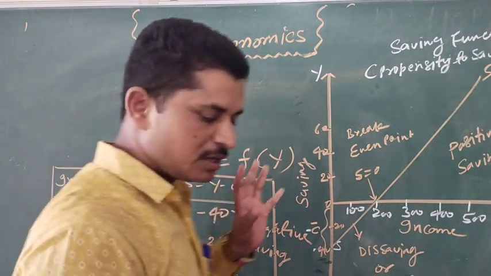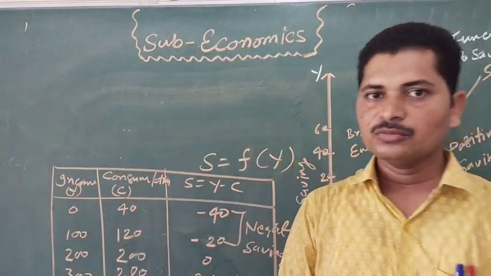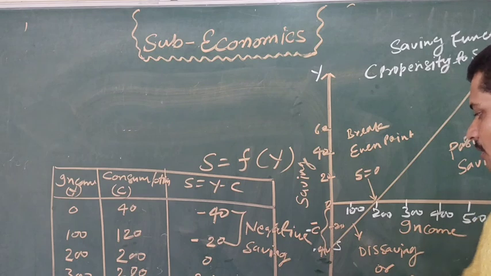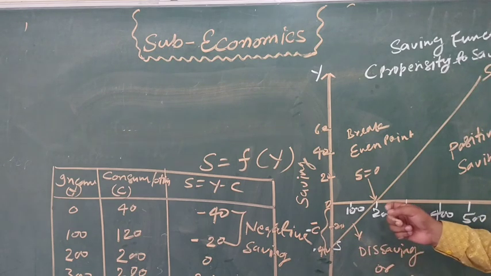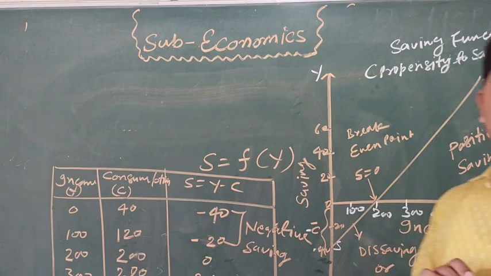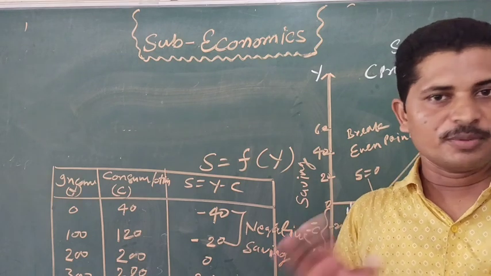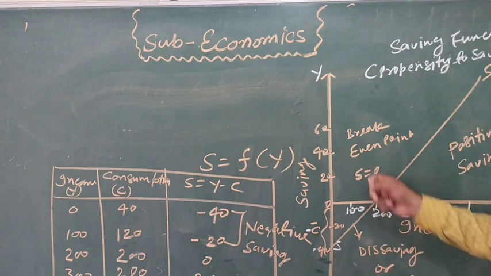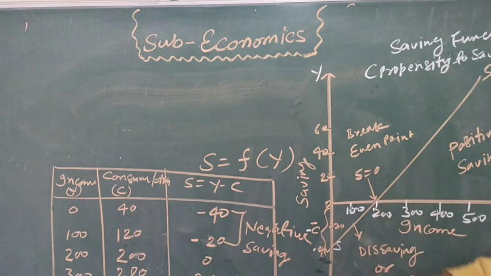The difference between income and consumption we refer to as saving. Again, this is known as the break-even point. At the break-even point, saving equals 0, because consumption is equal to income.